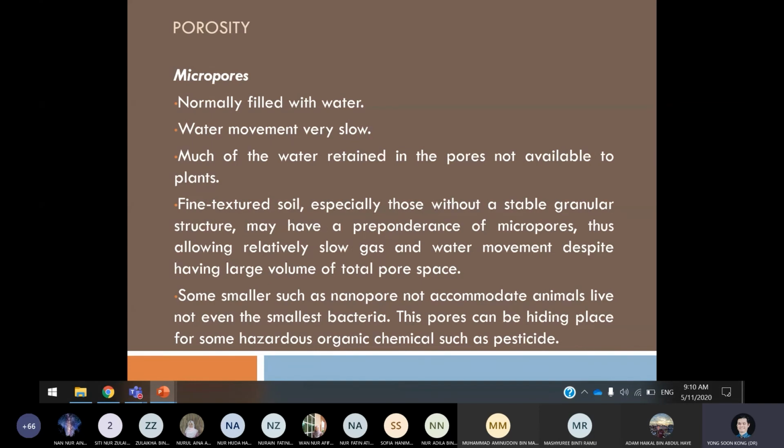So micropores are not so good in terms of the availability of water, because if the water is trapped inside a micropore, the root is not small enough to go inside and absorb it. However, because this moisture is trapped and virtually no roots can tap it, it will help sustain microbial activity, because microbes also need moisture, and because they're so small, they can go in and use it.